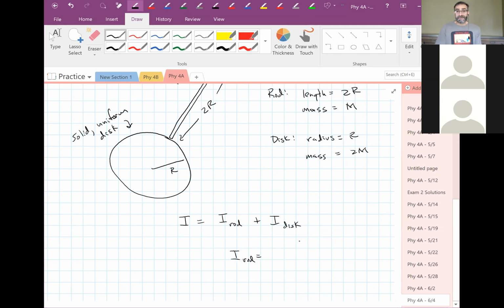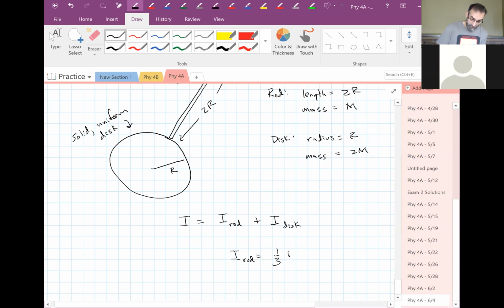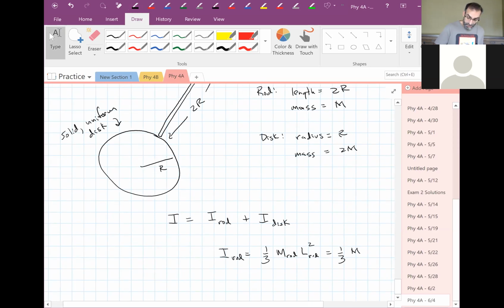That's just a rod rotating about its end point, right? We look that up on our table or we integrate, but we know that that's 1/3 the mass of the rod, the length of the rod squared. The mass of the rod is just m, and the length is 2r. So I end up with 4/3 mr squared.